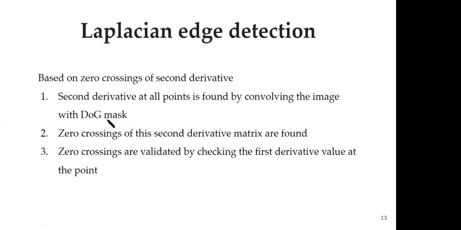Now zero crossings, wherever the second derivative is changing sign, are detected. And now these zero crossings are also validated by checking the first derivative value at that point. This is the process of Laplacian edge detection. Now I'm using Canny edge detection as it works more quickly.